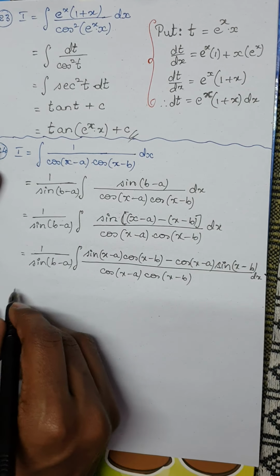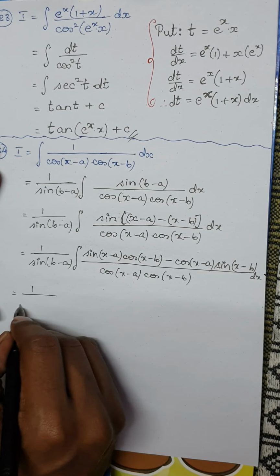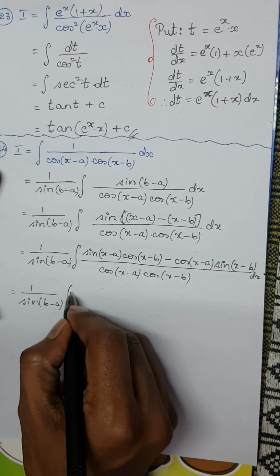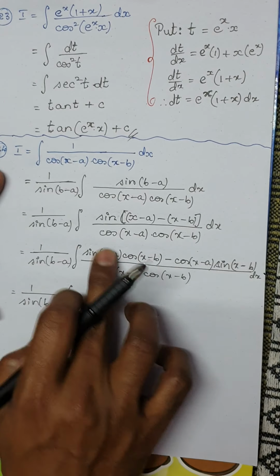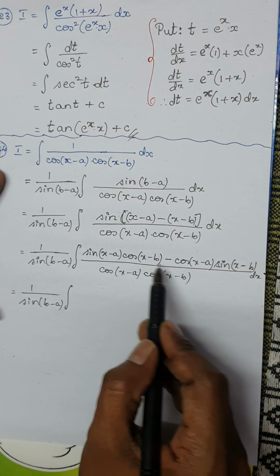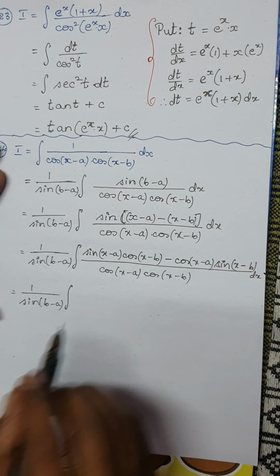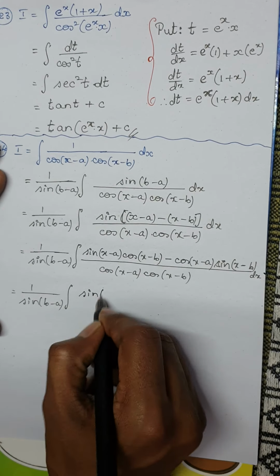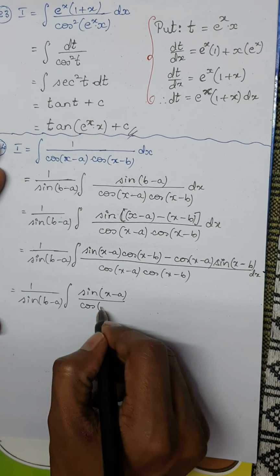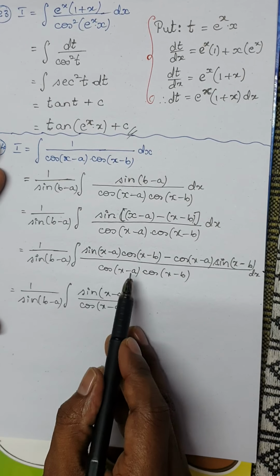Now this is nothing but 1 divided by sine of b minus a, which is a constant. Now if you split the denominator for both the terms separately, for the first term cos of x minus b, cos of x minus b will get cancelled. I am left over with sine of x minus a divided by cos of x minus a... I mean cos of x minus b.